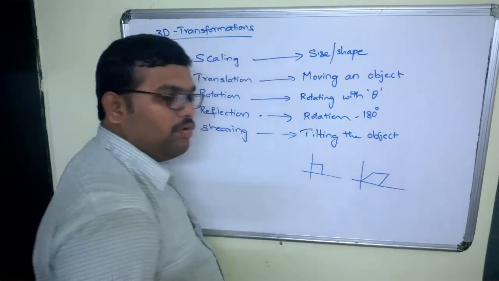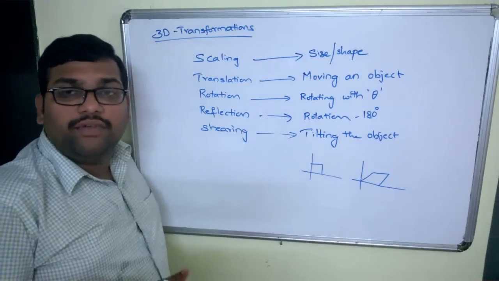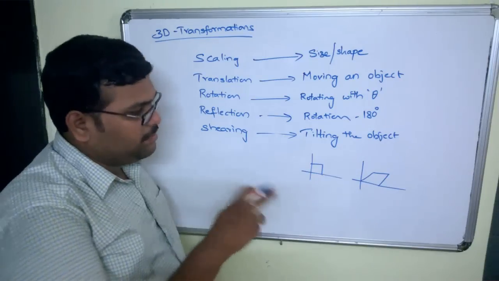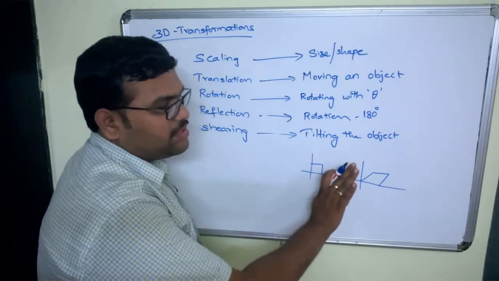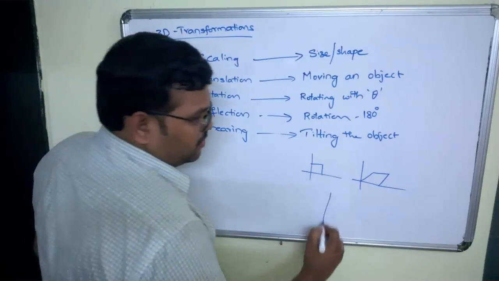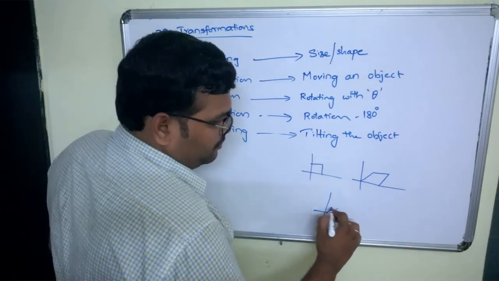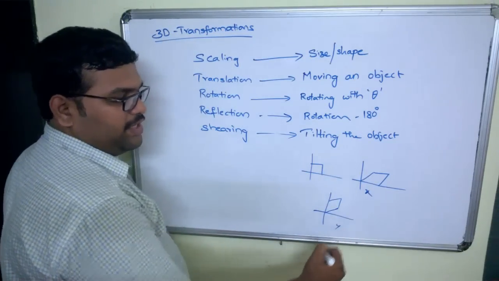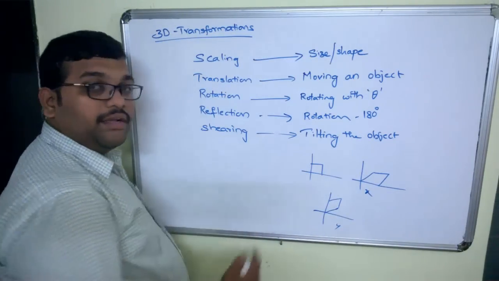So it becomes a parallelogram. Just like applying italic in MS Word, the object will tilt towards the x direction or y direction. This is the x shear, this is the y shear. So that is called shearing.